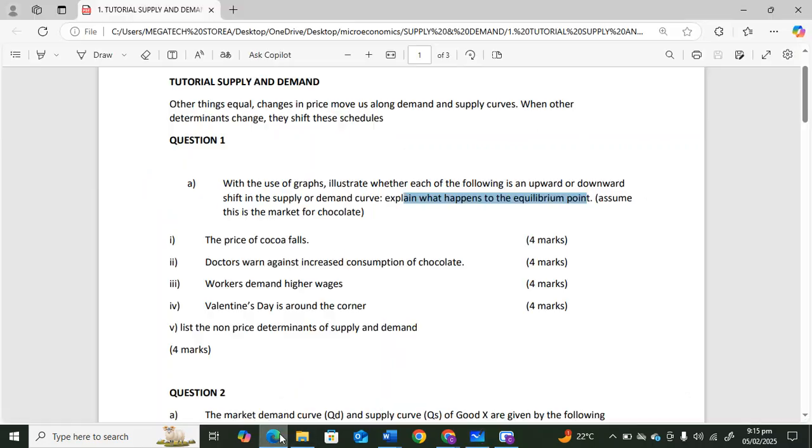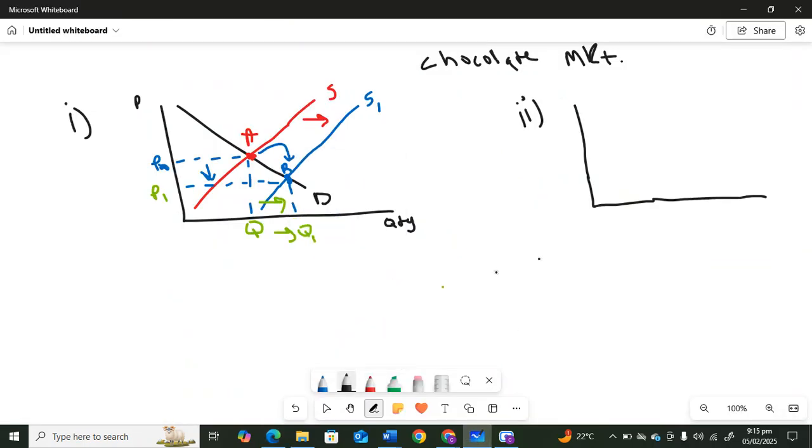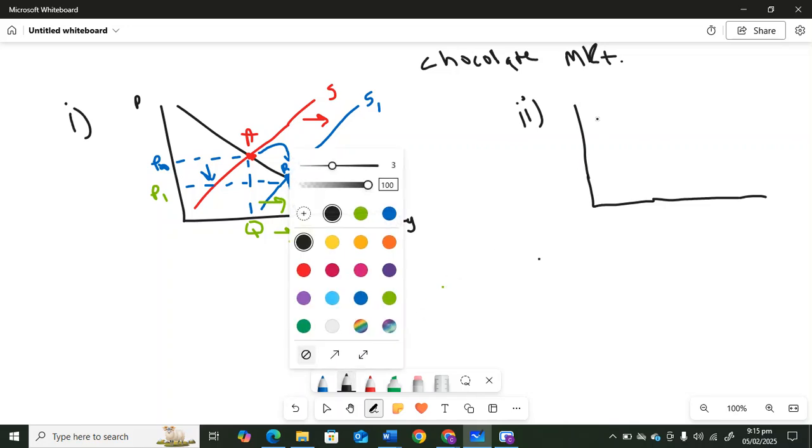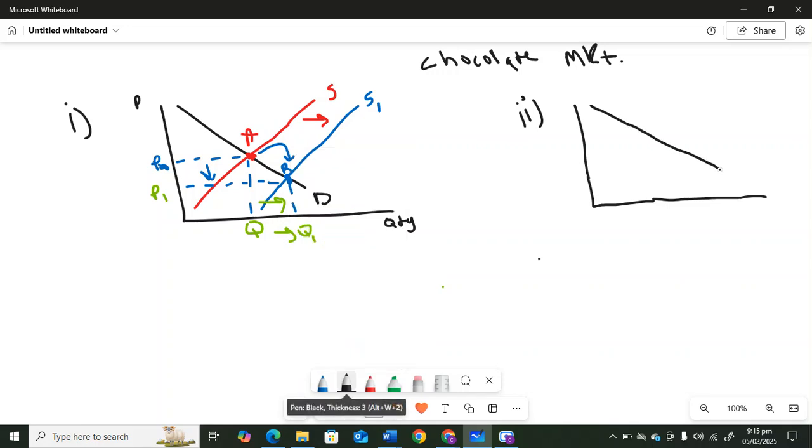Okay. Next scenario. Doctors warn against increased consumption of chocolate. They tell you, if you eat chocolate, you might get BP, high sugar levels. Which graph is shifting?